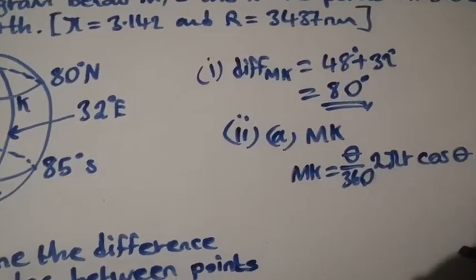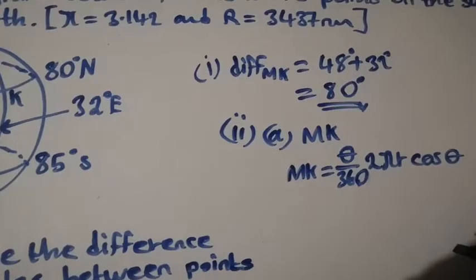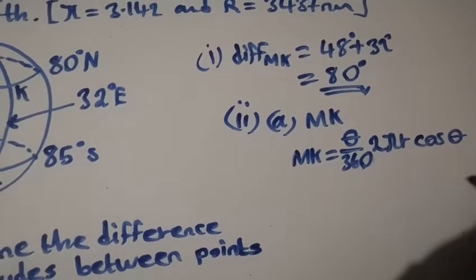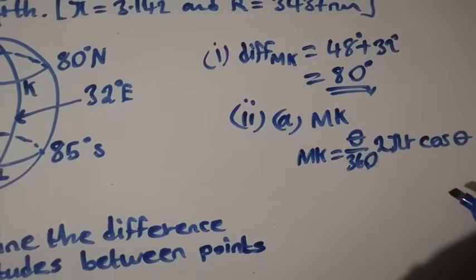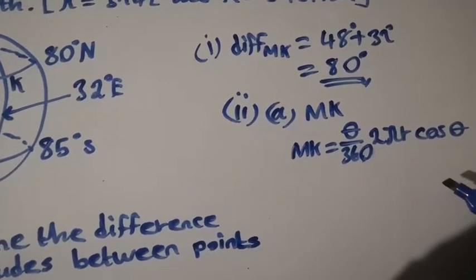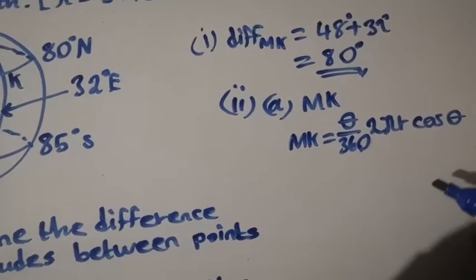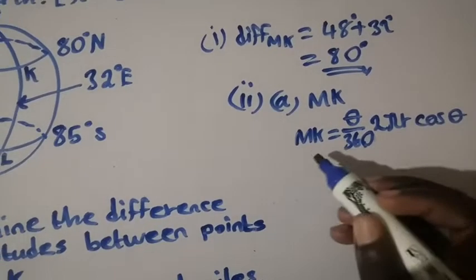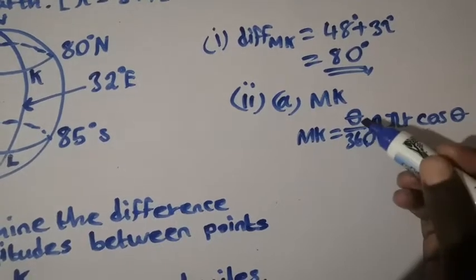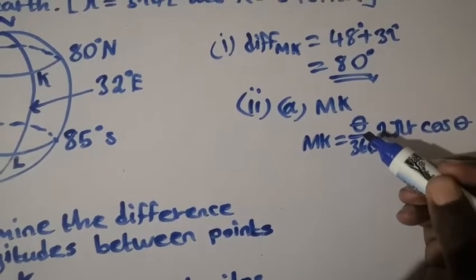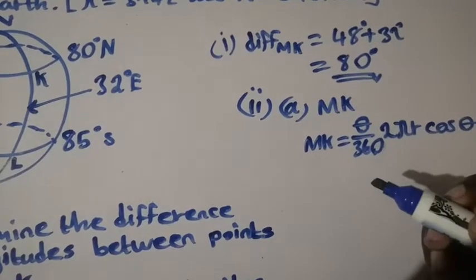So that's the formula. Along the circles of latitude, you have to add cos at the end, except on the equator, because the equator is a great circle. Now we have to identify theta, which is the difference between the two longitudes, which we calculated in the previous question.